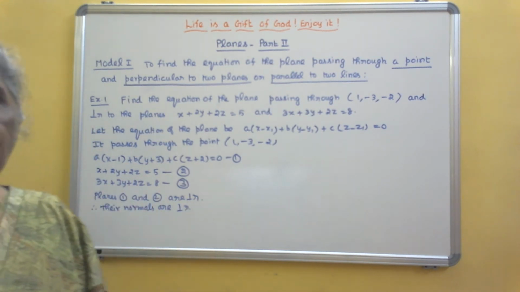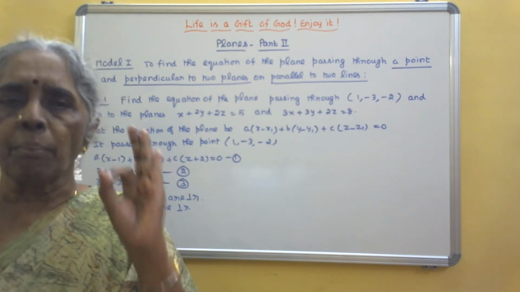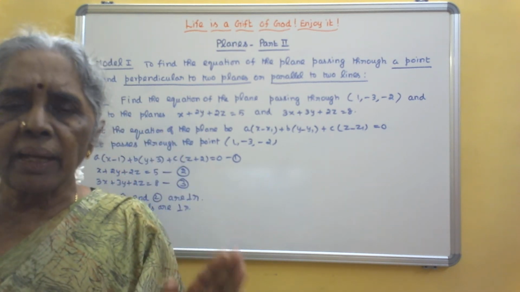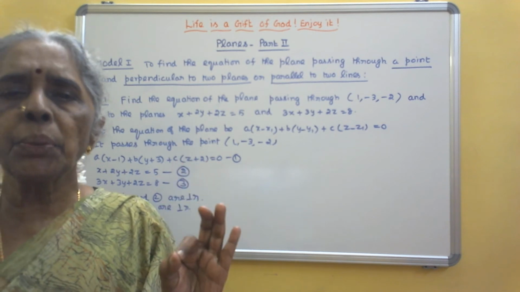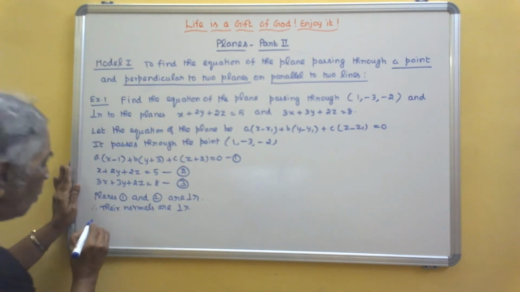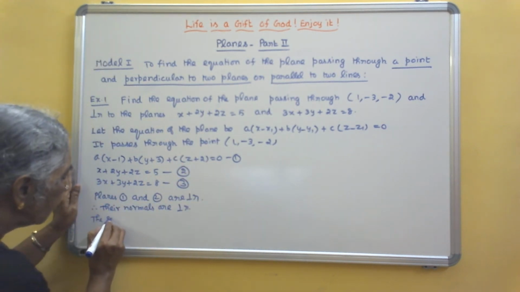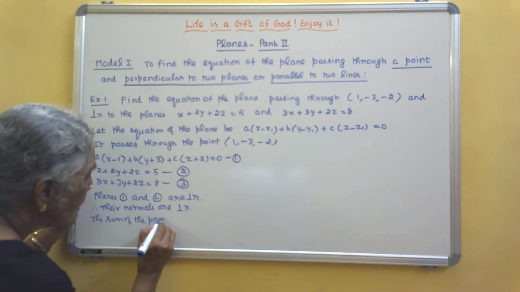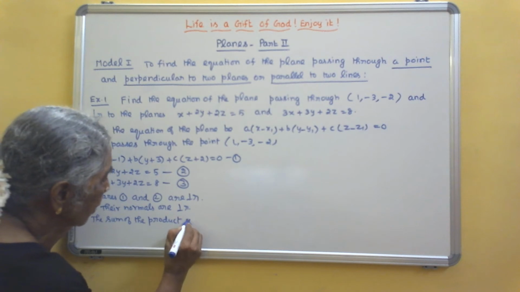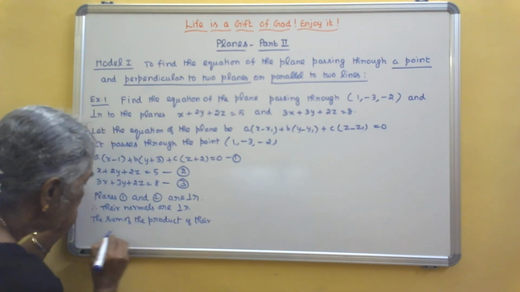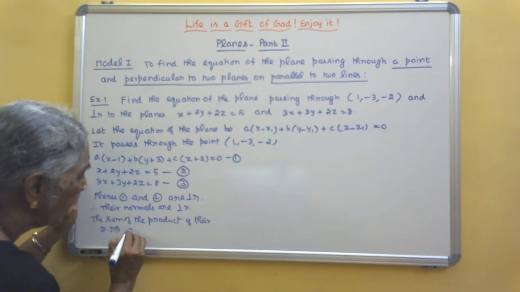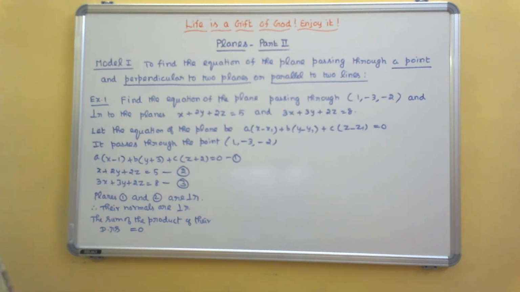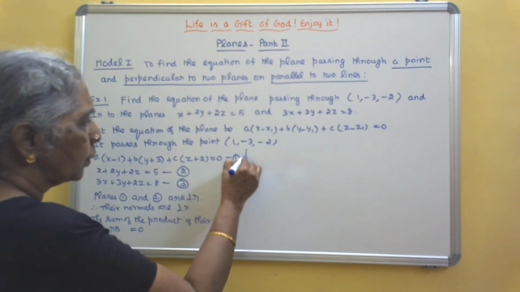If the normals are perpendicular, you know the sum of the product of their direction ratios, the DRs, is equal to 0. This is the concept we are going to use.